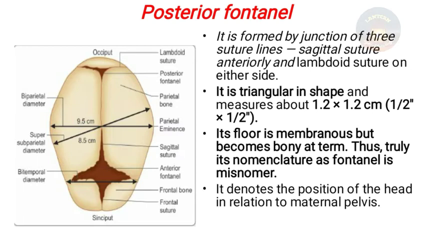Thus, truly, its nomenclature as a fontanelle is a misnomer, because by birth it is almost ossified. It denotes the position of the head in relation to the maternal pelvis.